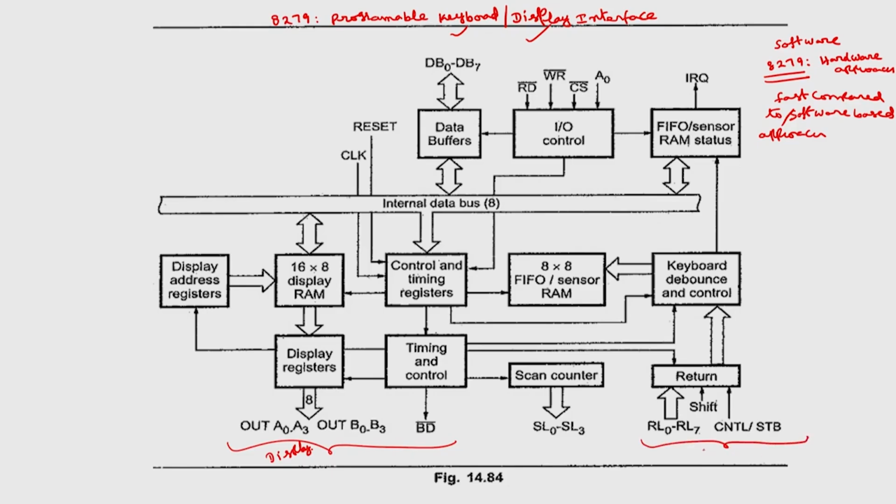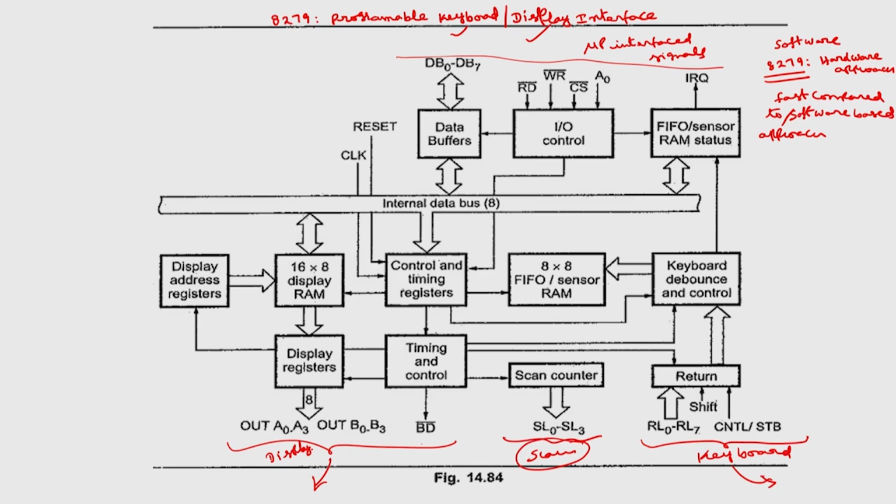These all correspond to keyboard. This corresponds to scan, and these are all microprocessor interface signals, which will be connected to the microprocessor. This part will be connected to keyboard, this part will be connected to display, and this scan will be useful for both keyboard as well as display.